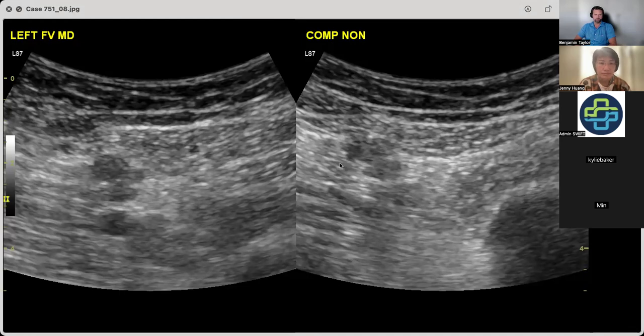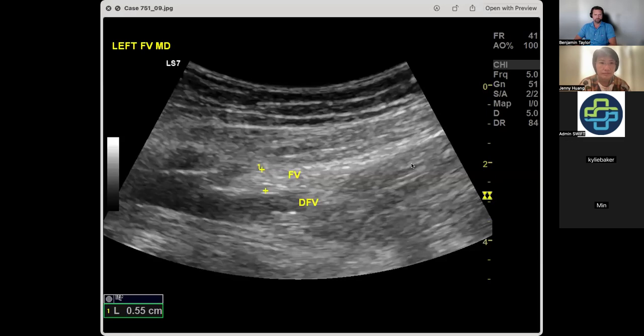Okay. Now, we have a look here. So we can see here is the common femoral dividing into the femoral and the deep femoral vein. Okay. And within the femoral vein, we can see a hyperechoic mass filling the lumen, and we're assuming that that's thrombus.